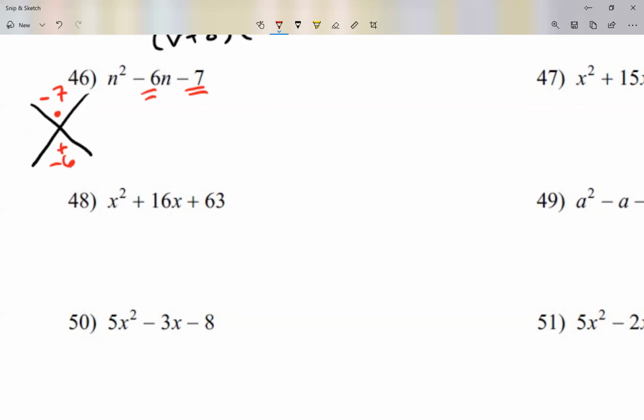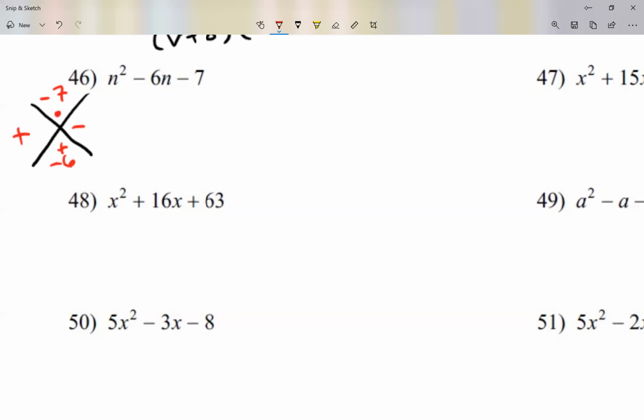When we have 3 terms, and my first term is a 1, the very first number is a 1, I'm going to do it this way. Okay, so I'm looking for 2 numbers that multiplied equal -7, but when I add my numbers equal -6. Because multiplication is a negative, I know my numbers that I'm looking for have different signs.